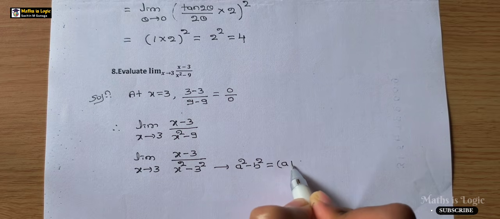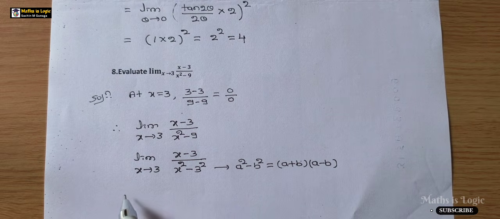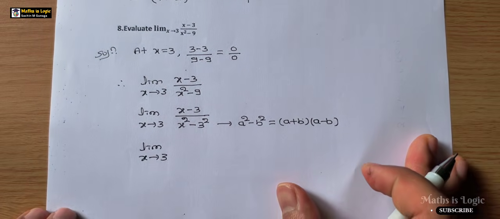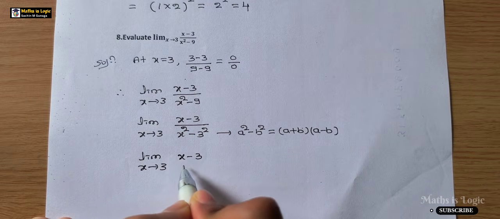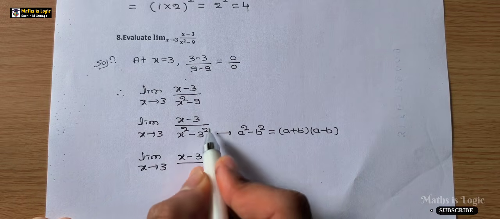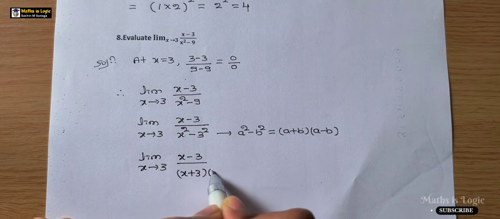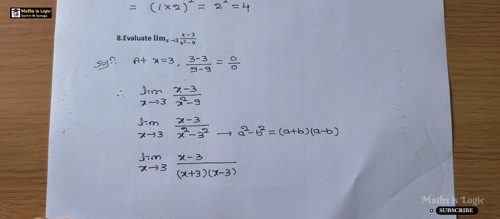So apply the formula a plus b into a minus b. So limit x tends to 3, x minus 3, keep it as it is, divided by x square minus 3 square becomes x plus 3 into x minus 3, a square minus b square, a plus b into a minus b. Then cancel x minus 3 and x minus 3.